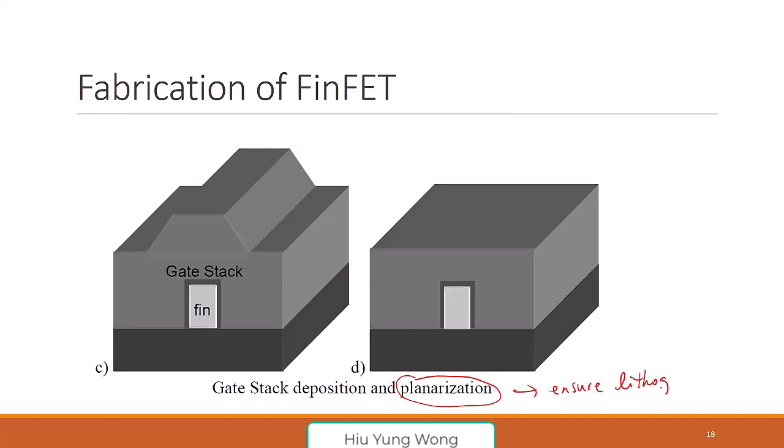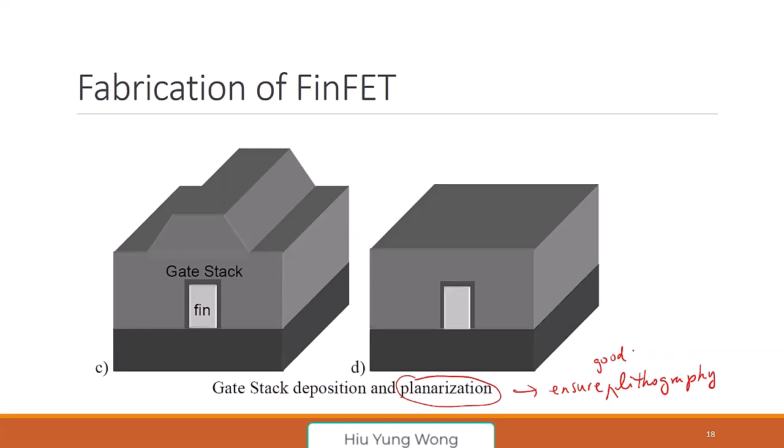Lithography is a process for you to define the pattern layer, right? If you have a topology, then you are going to have defocusing in different regions. You are not going to have a good resolution. That's why we do planarization. This process is not going to affect the structure of the FinFET, right? It is more for the lithography, okay?